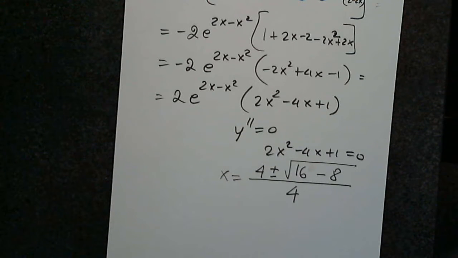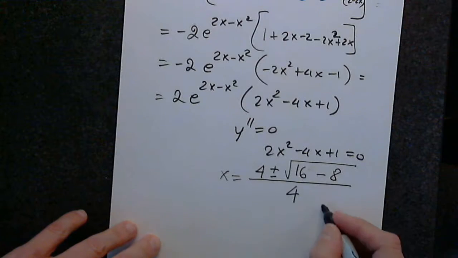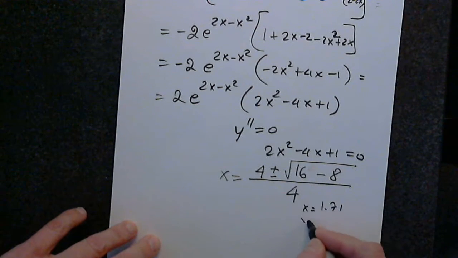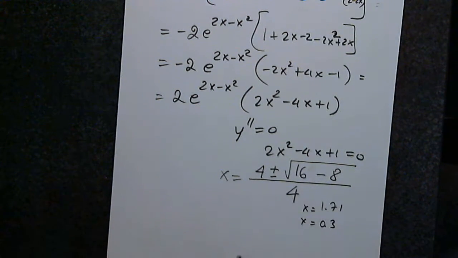Okay, so this is 1.71, and the other one with a negative. So one solution is 1.71, and the other 0.3.